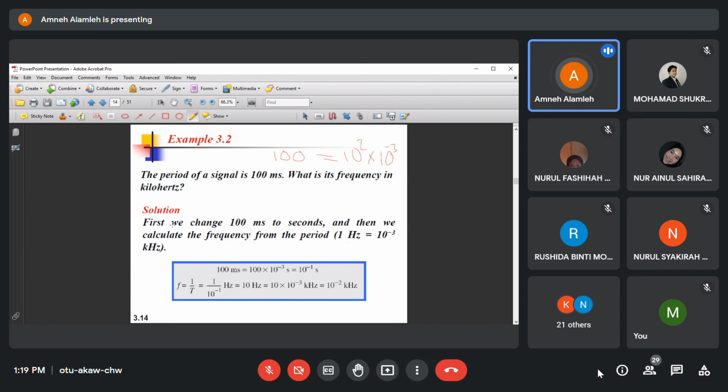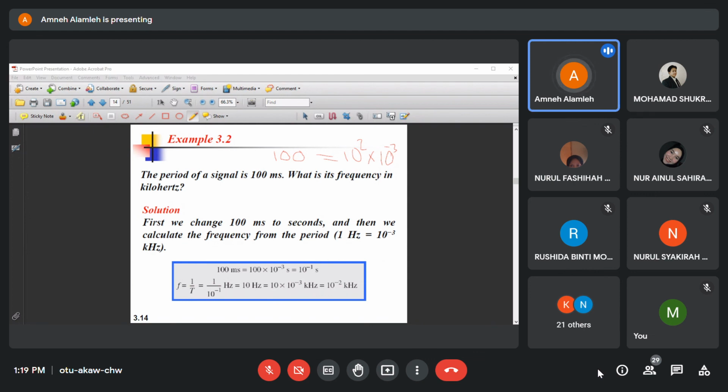Then the question asks for the answer in kilohertz. So the first answer is 10 hertz. And to change hertz to kilohertz, we multiply by 10 to the power minus 3. And the final answer is 10 to the power minus 2 kilohertz.